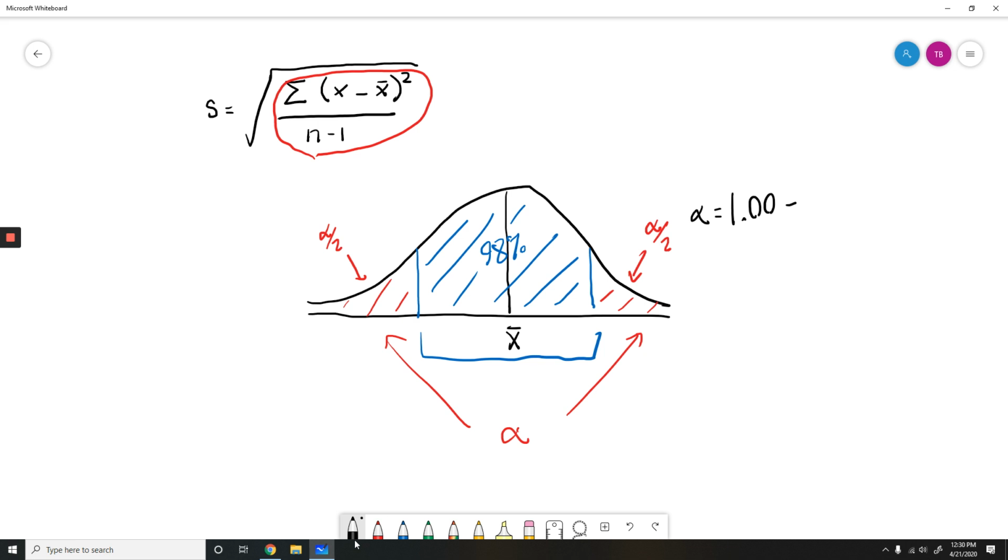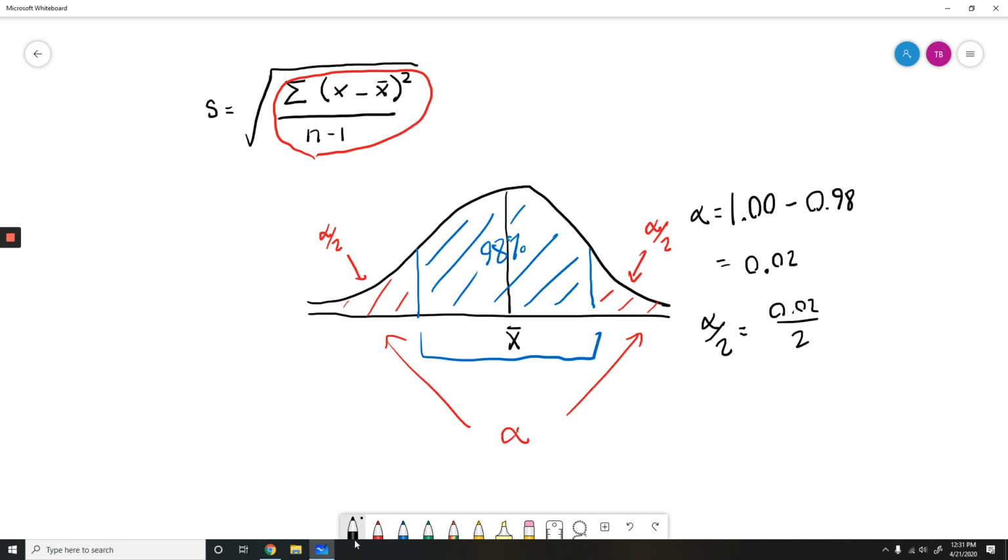And then we want to subtract off the blue bit. That's what we don't want in the tails. Okay, so 98%, that's 0.98. And so that leaves me with 0.02. Okay, and then we just want half of that for our alpha over 2.